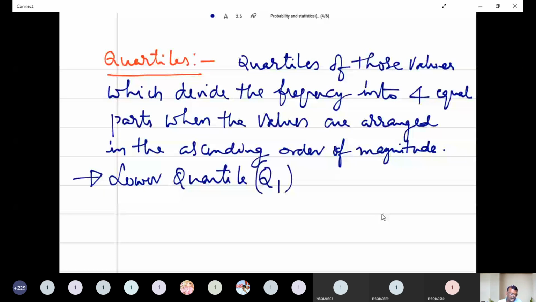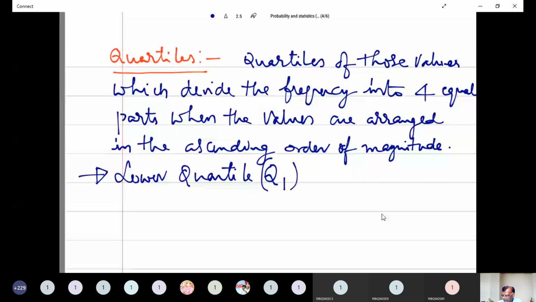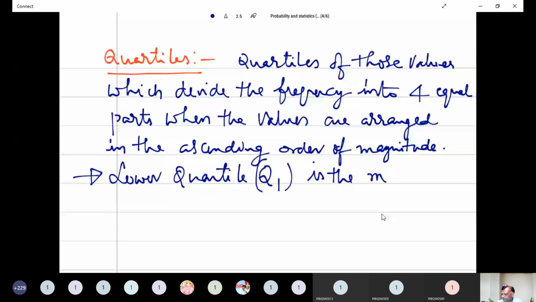Lower quartile is the mid value between the lower extreme and median.